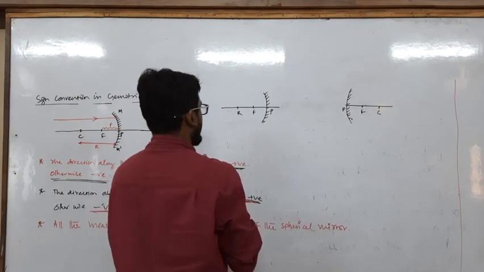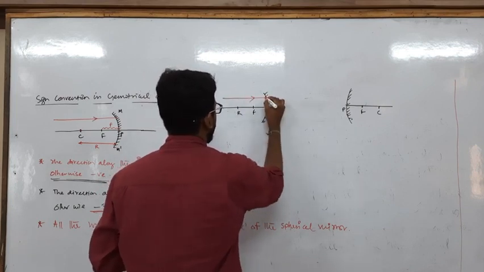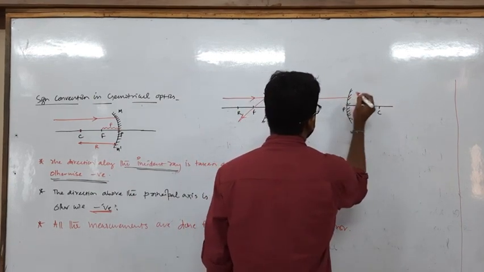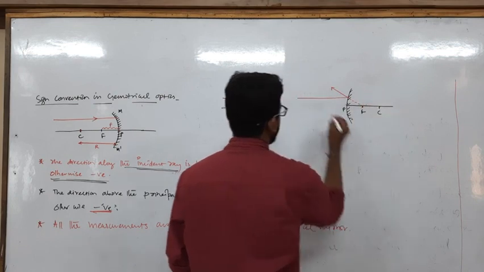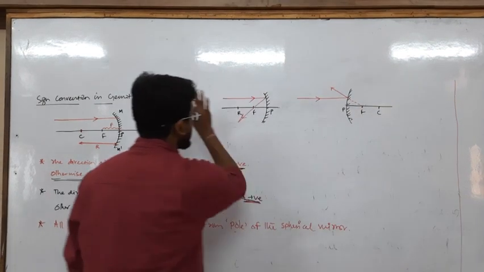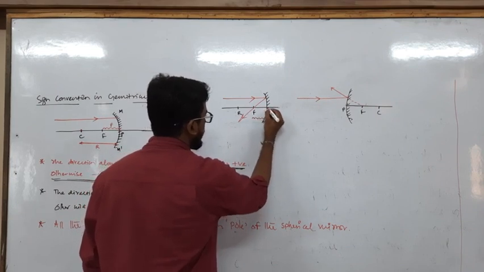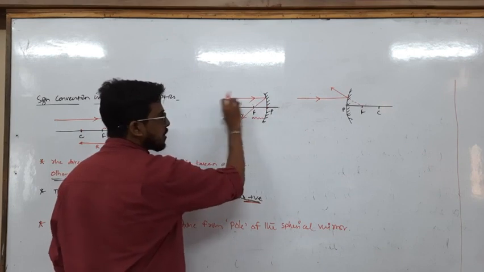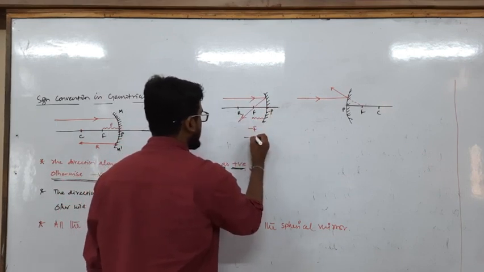Incident rays are coming along this direction, so after reflection they will appear to diverge from this point. Clear? So with incident rays going left to right, the focal length f is measured from pole P to F, opposite to the direction of the incident ray. So here f is negative and R is also negative.